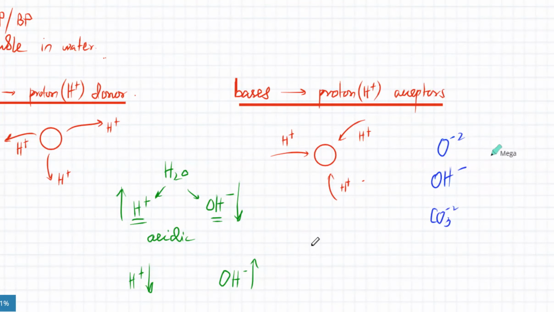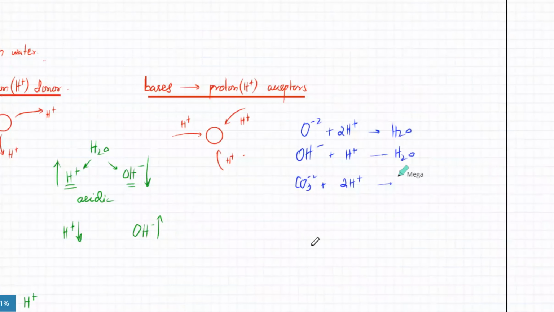This one will gain too. So they're all acceptors of H plus 1. This would give H2O, and the carbonate would also react with H plus 1 ions and produce CO2 and H2O.